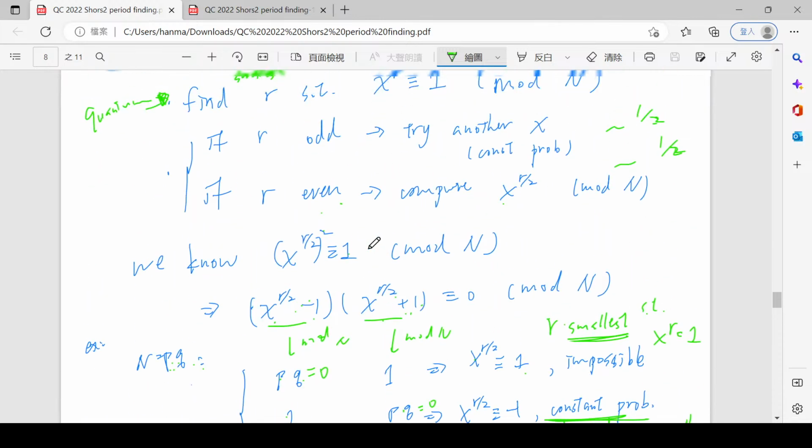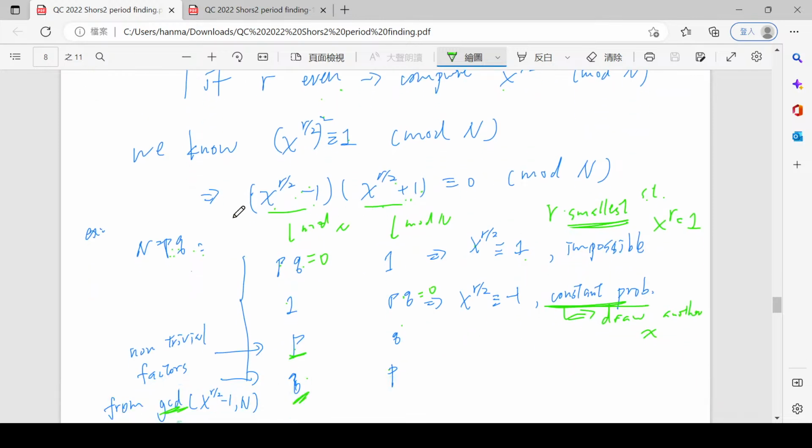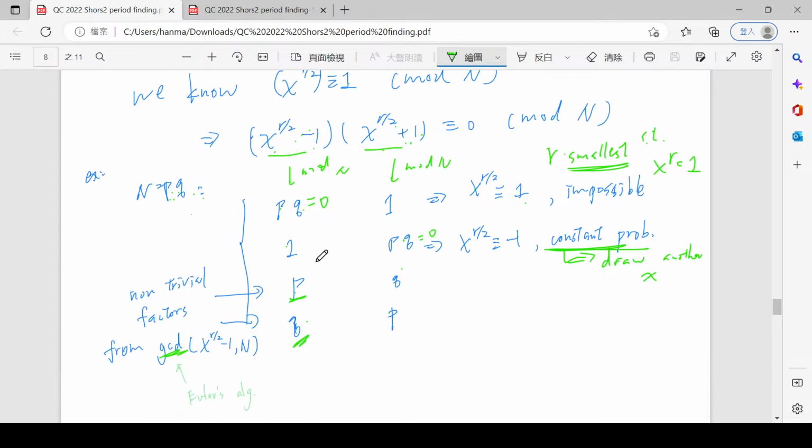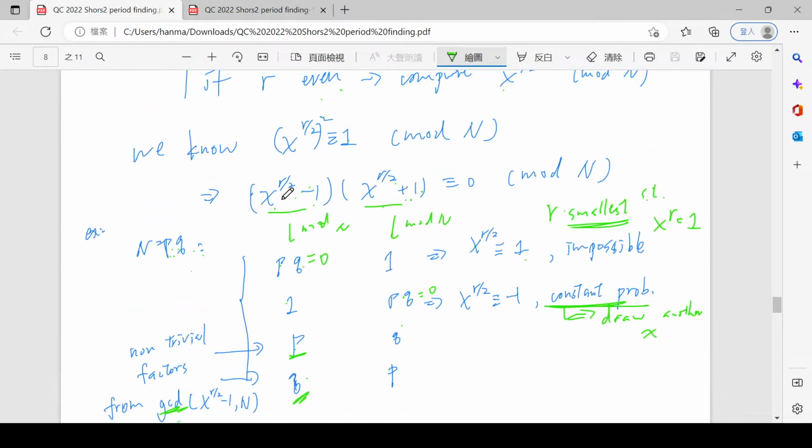Then you try to see this x to the R over 2. You know this x to the R over 2 squared equals 1. So x to the R over 2 minus 1 and x to the R over 2 plus 1 multiply to 0 mod n. Then there are several cases.